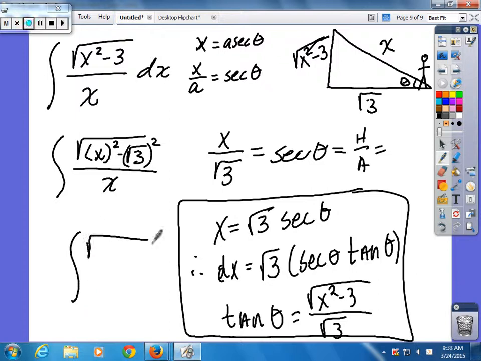Antiderivative of the square root of x squared minus 3 dx over x. Oops, that's z.